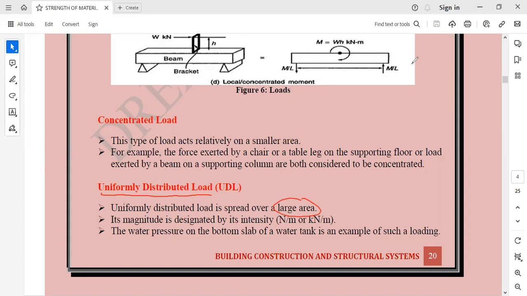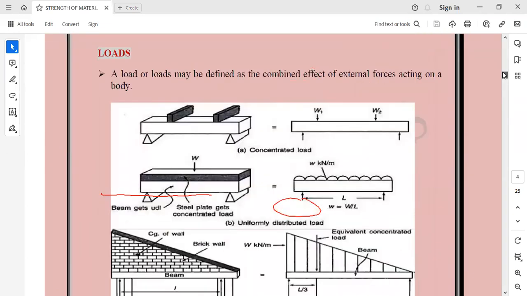So here in this diagram, what we see is, suppose this is a beam, and this beam is simply supported on two columns.